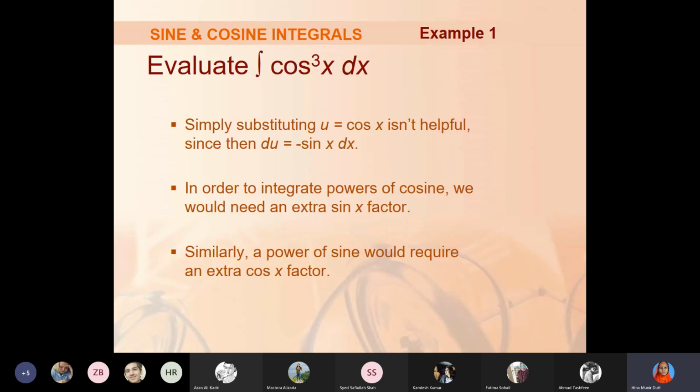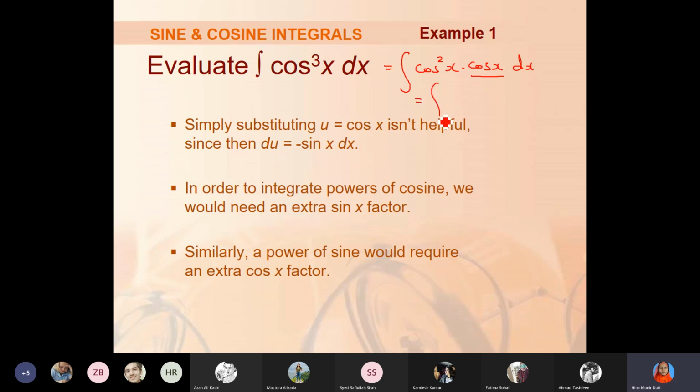cos cubed of x. How to integrate cos cubed x? So the only option that I have is to break it into cos squared x, the power, into cos x. Now I know that cos of x is the derivative of sine of x. So if I convert this cos squared x into sine squared x, then I can substitute the function and its derivative.